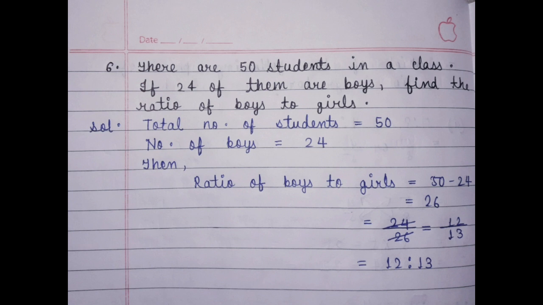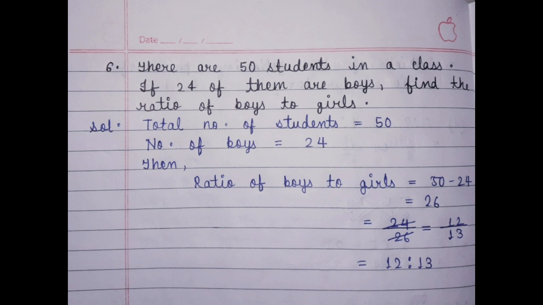So we will find the simplest form of 24 by 26. So simplest form of 24 by 26 is 12 by 13 and ratio of 12 by 13 is 12 is to the 13. So ratio of boys to girls is equal to 12 is to the 13.